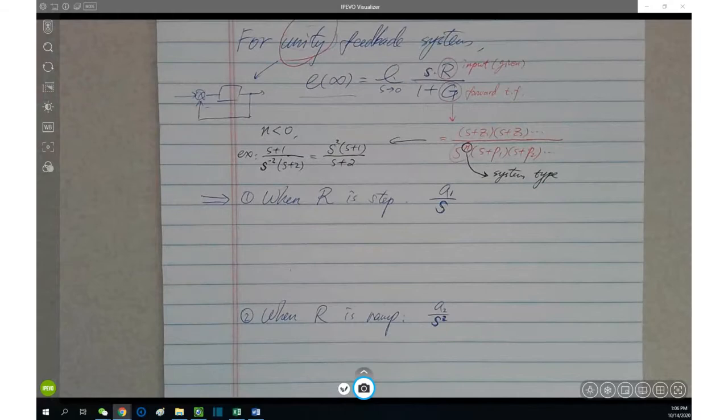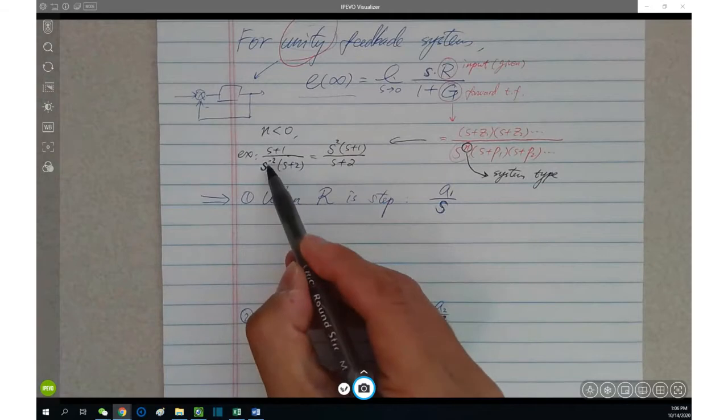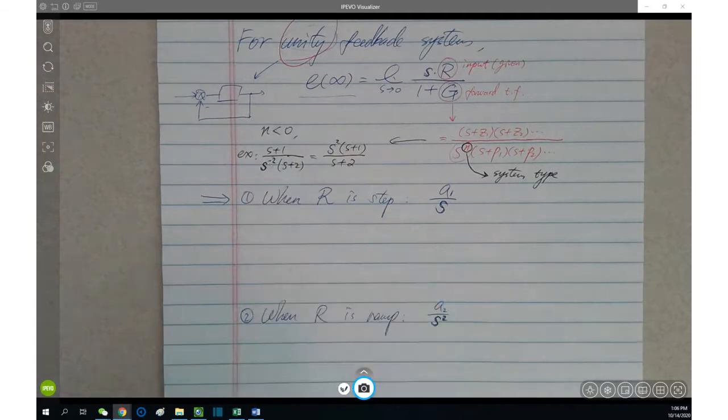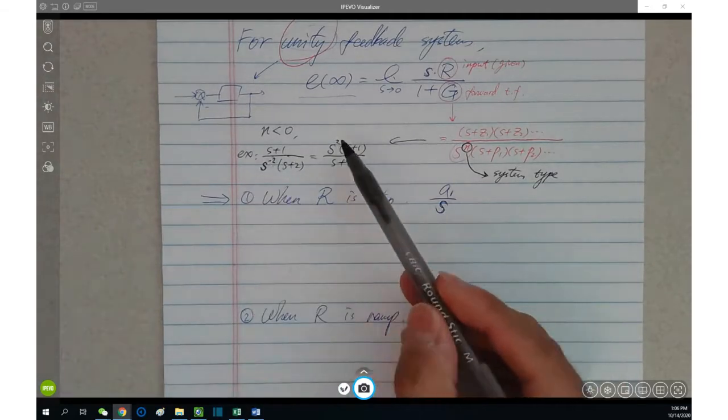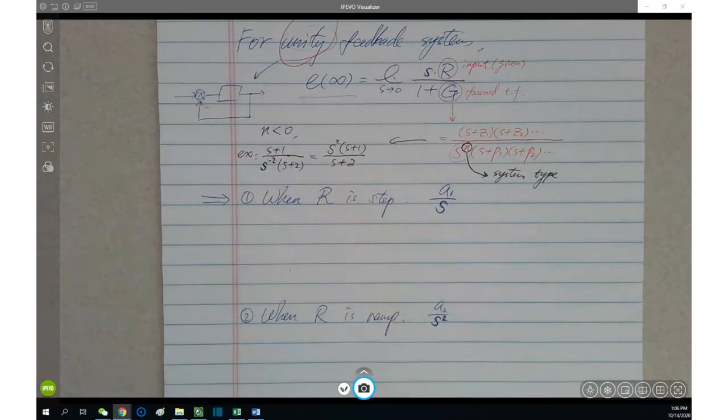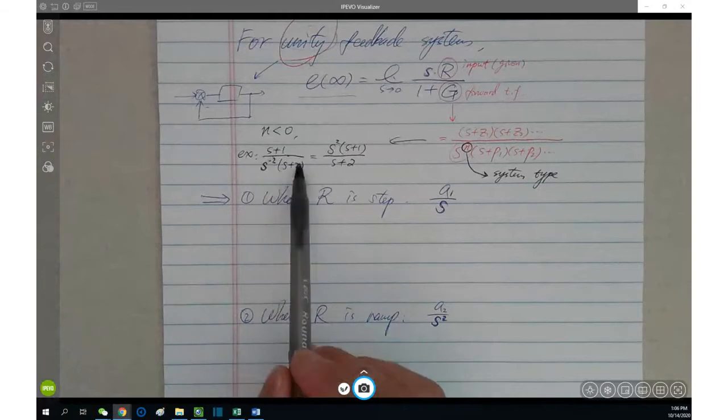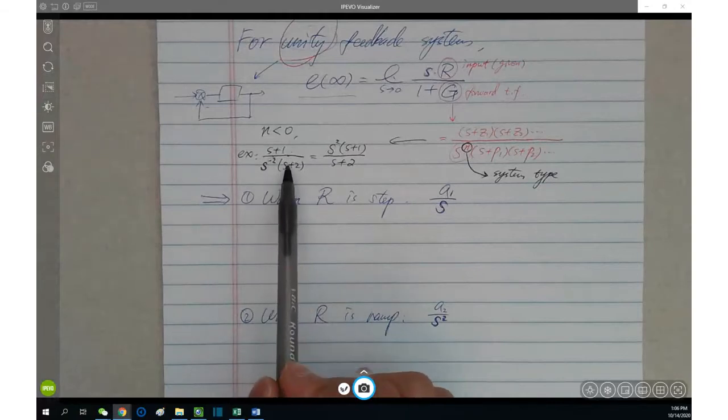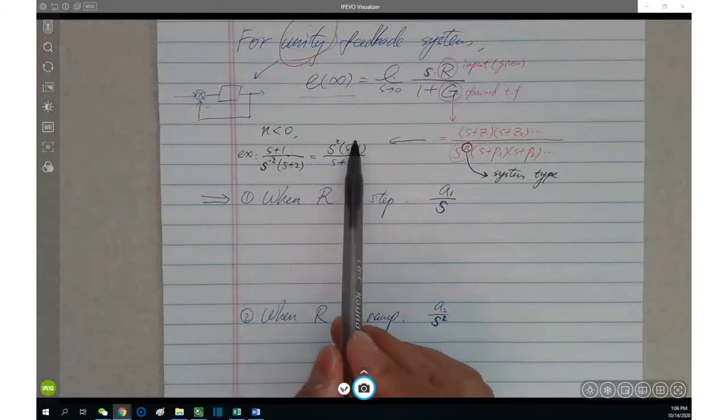But generally speaking, we won't see negative n in the denominator. Instead, what we see is an s term in the numerator. They're equivalent. This represents a negative system type. However, we won't see such a scenario, because what we will see is this way.